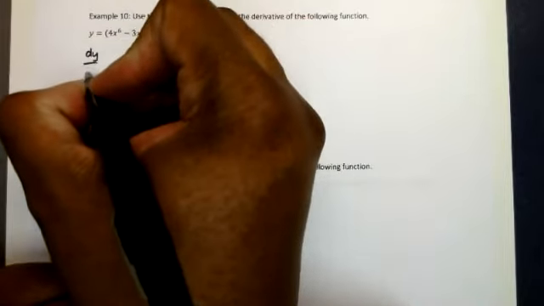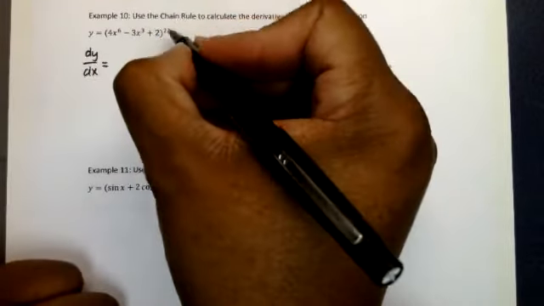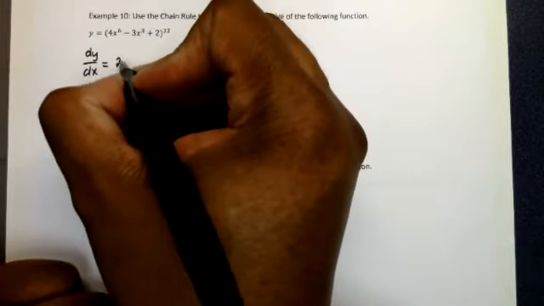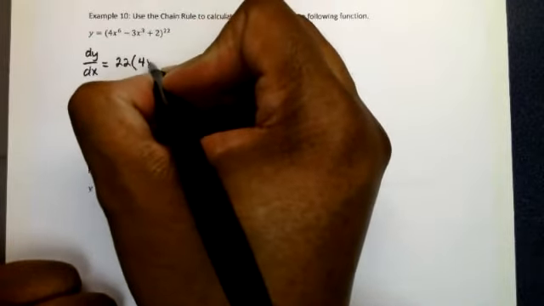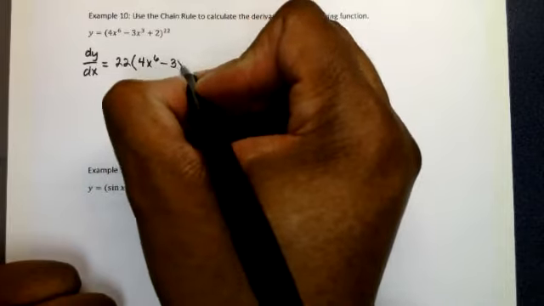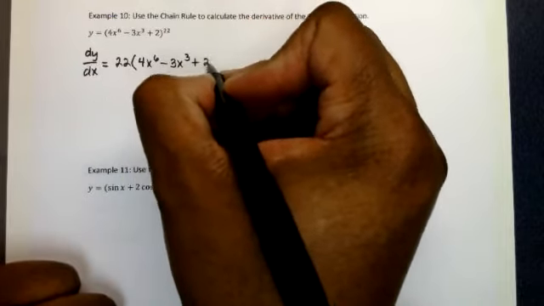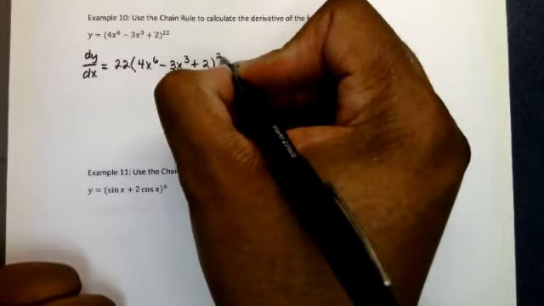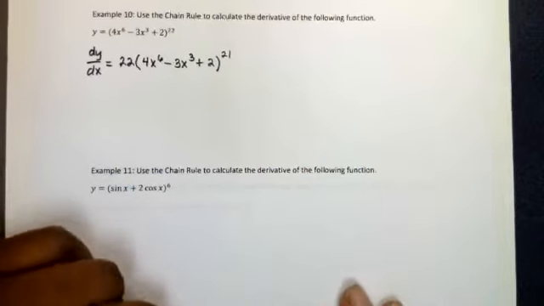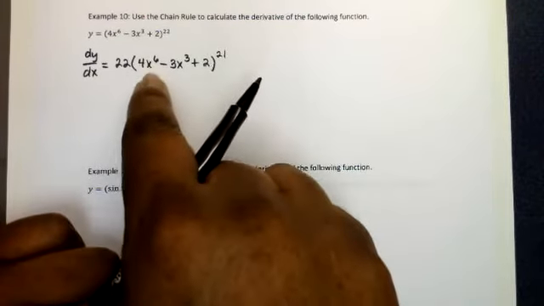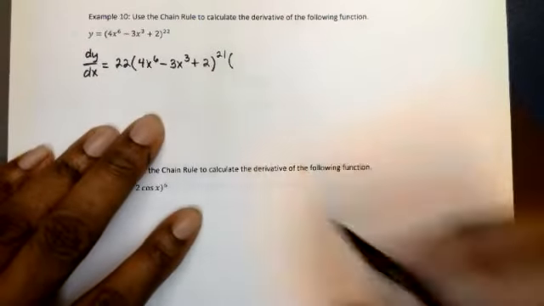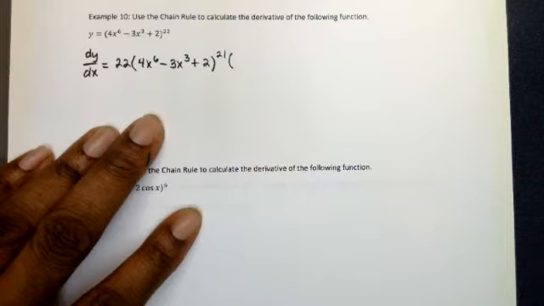Well, for dy/dx, here we're going to use version 2 by bringing down this exponent of 22, pulling that in front, and copying over the 4x to the 6 minus 3x cubed plus 2. That quantity will be to the 1 less power. 1 from 22 is 21. We're not done yet. We've got to take the derivative of that inside function.